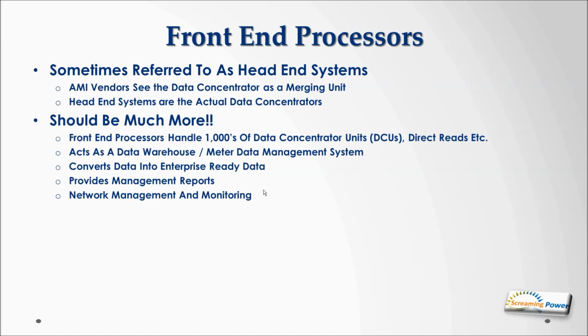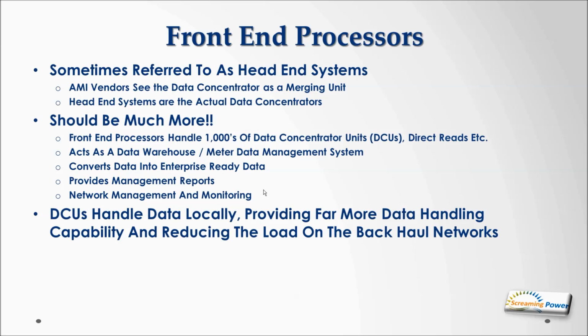They should provide management reports, and they should provide network management and monitoring on things like cybersecurity, attacks, downtimes, etc. The DCUs can handle a lot of the data locally, and so we should push some of the functionality into those away from the head-end systems, so that they can provide far more data handling capability and reduce the load on the backhaul networks. One of the comments we need to make here is that in our concept, the DCU acts as a head-end system. The head-end system acts as a data warehouse.